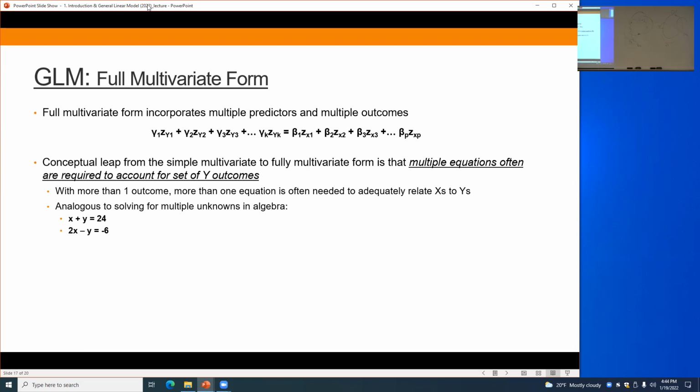It's kind of analogous to basic algebra, right? Natalie, x plus y equals 24. If I tell you that, tell me what x is equal to. All I tell you is, hey, guess what, Natalie? x plus y equals 24. Tell me what x is.